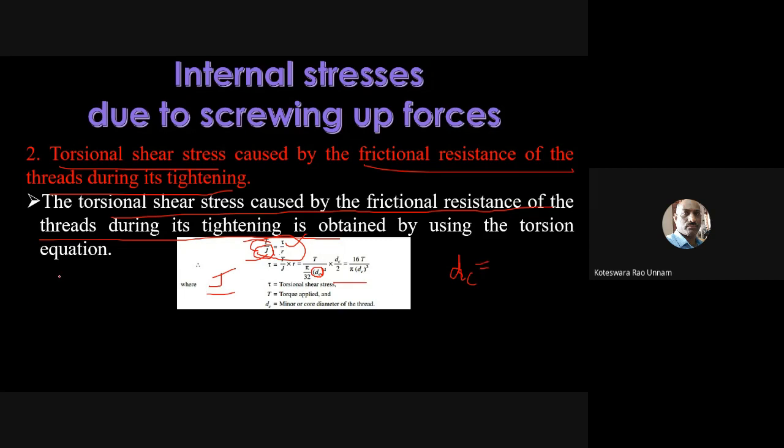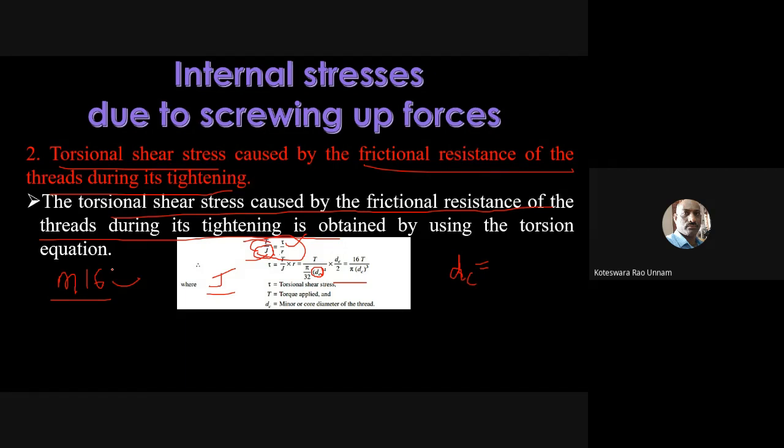If you know the nominal diameter, let us say for an M16 bolt, which is a standard one, 16 is the nominal diameter. From the data book, I can easily pick the DC value. If you refer to the table in our data book, all the diameters are given, including the minor diameter.